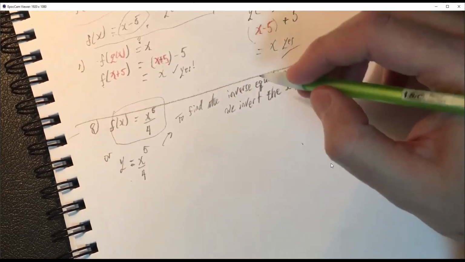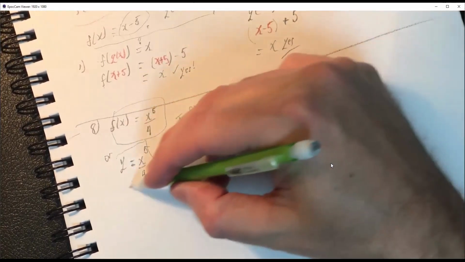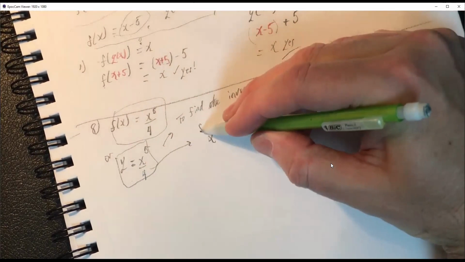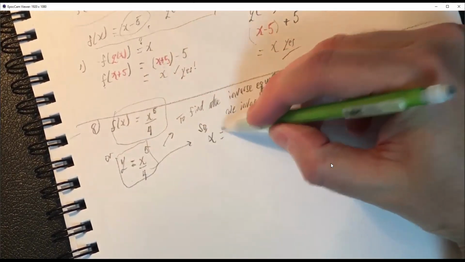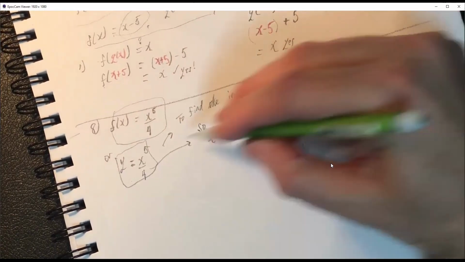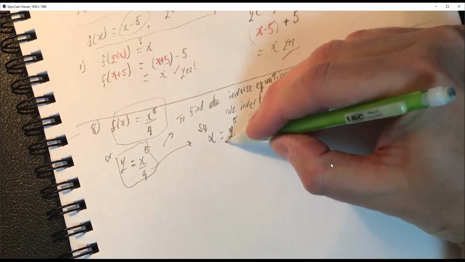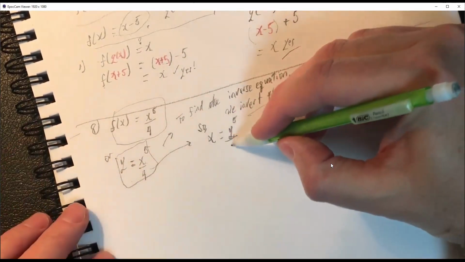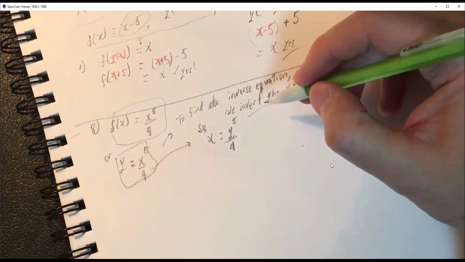If we just do that first step right here, instead of y, we put an x. And instead of this x, we put a y. And those are the only two locations where there was an x and a y to begin with. So that already is the inverse. That's the inverse of this.